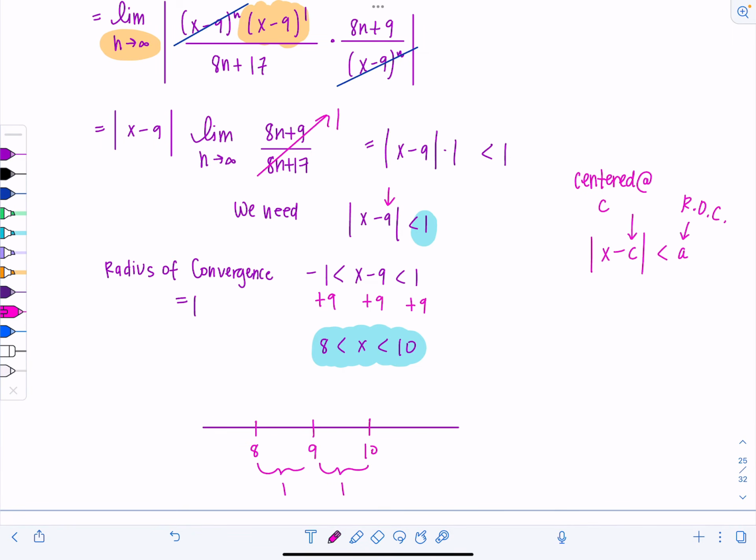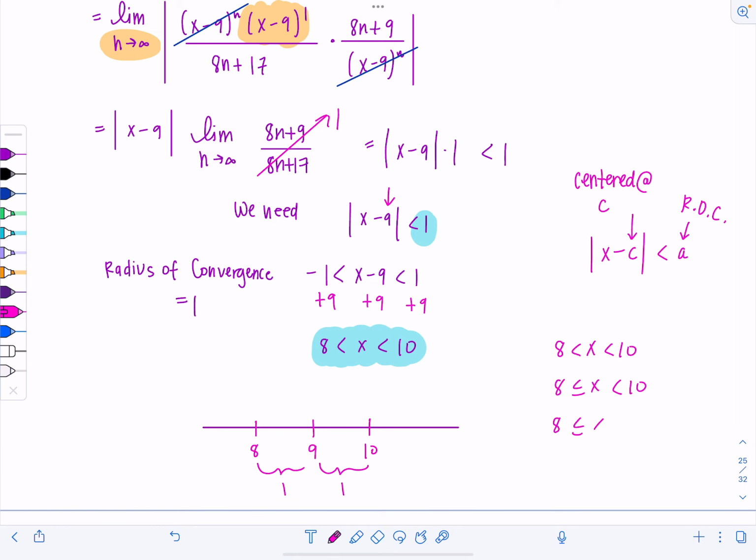Now I need to test the endpoints to see if x equals 8 and x equals 10 can be included in the interval of convergence, because I have basically 4 options. My interval of convergence could be 8 to 10 like this. It could include 8 and not 10.